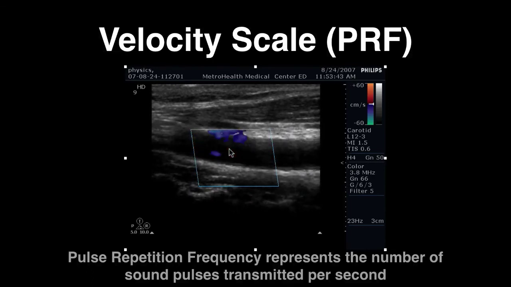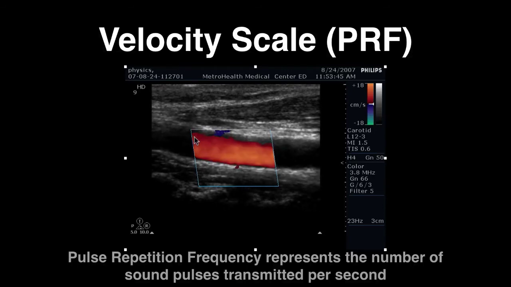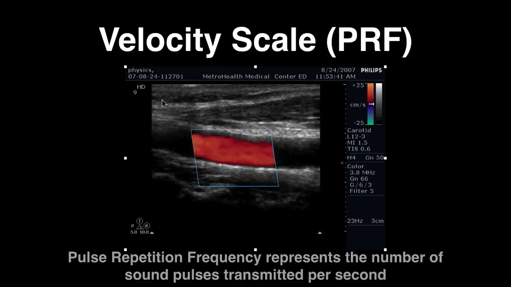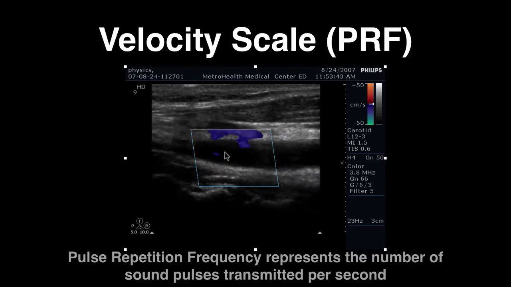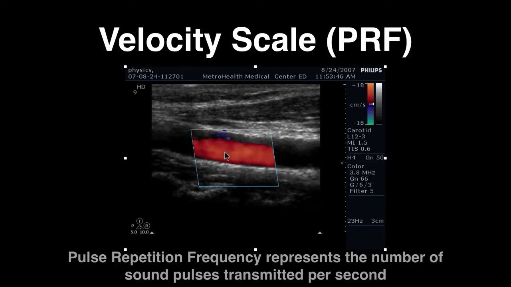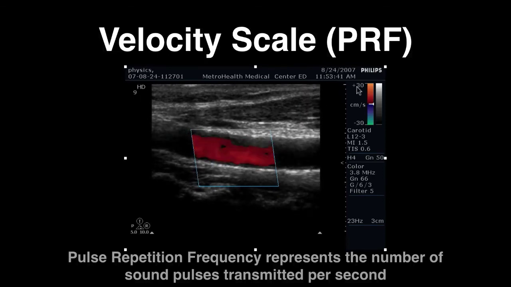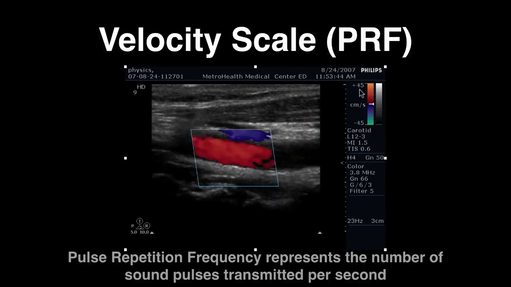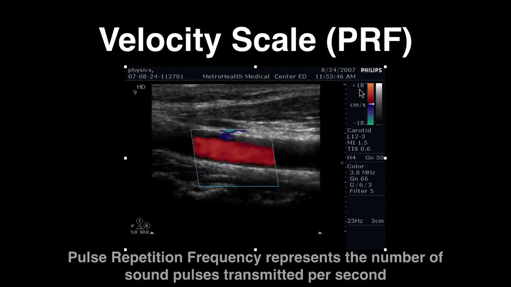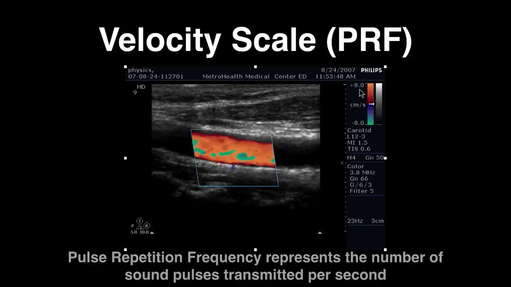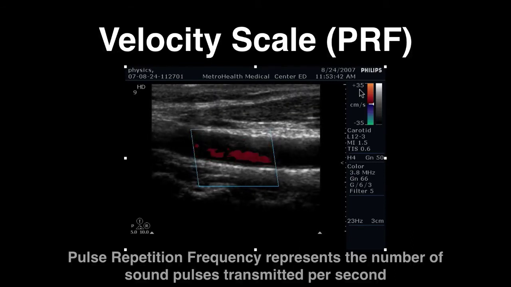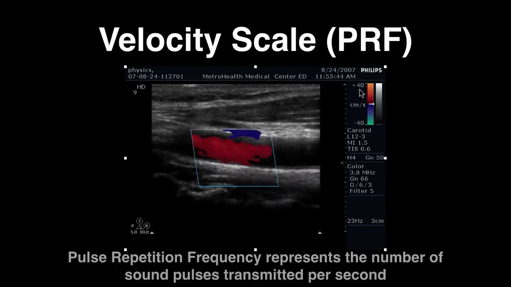It seems to be appropriately sized, and it's steered, remember, superficial, deep. There's your pointer arrow. But notice, here comes the presence of aliasing, and that occurs as we drop down the velocity scale. And that goes away as we raise it up.